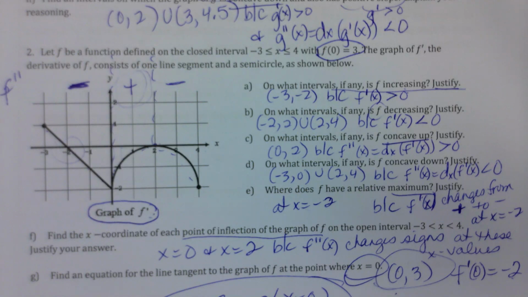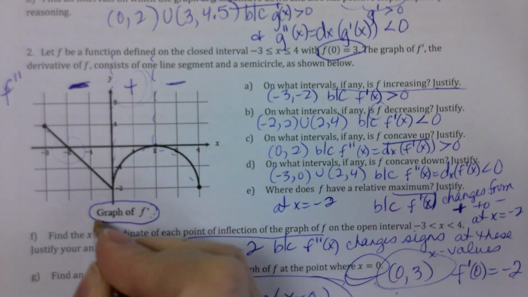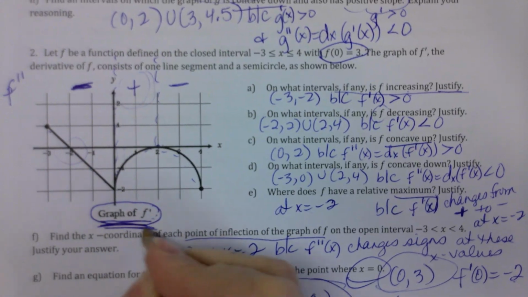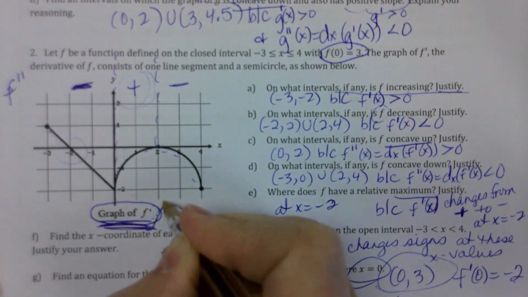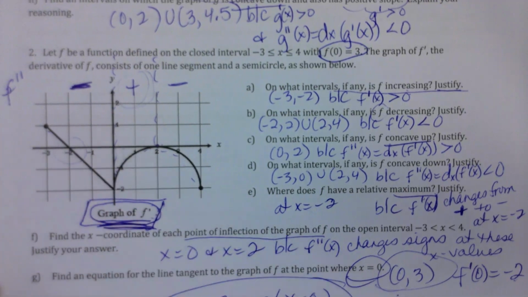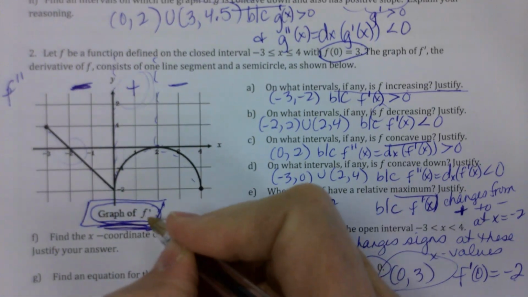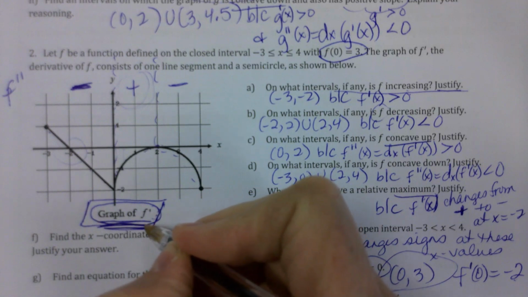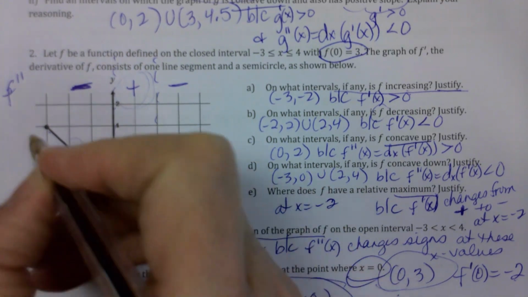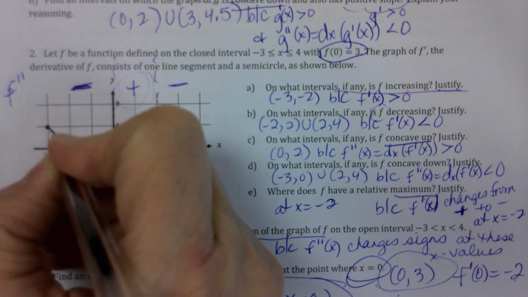How do I get negative 2 for the relative maximum? Because in our retraining of our minds, we're thinking, I don't really know what f looks like. All I know is what f prime looks like. F prime is above the x-axis.